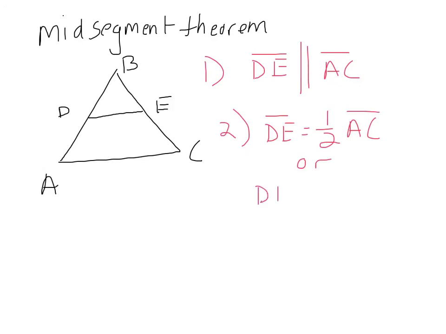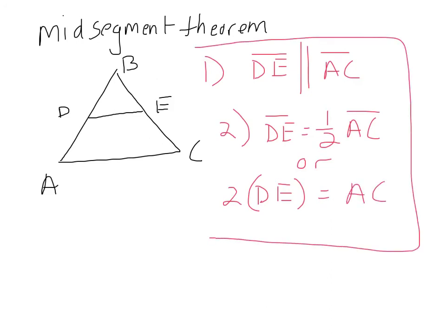The length of DE multiplied by 2 equals AC. So this here is the information for our midsegment theorem. We proved that DE was parallel with AC by comparing the slopes, and we proved that DE is half of AC by using the distance formula to find the lengths.